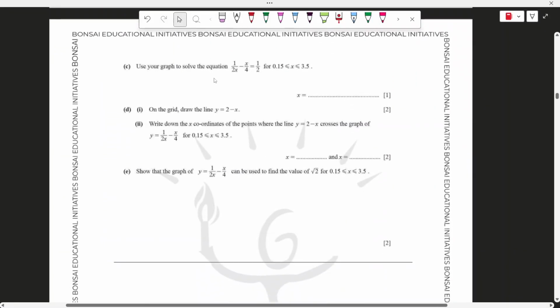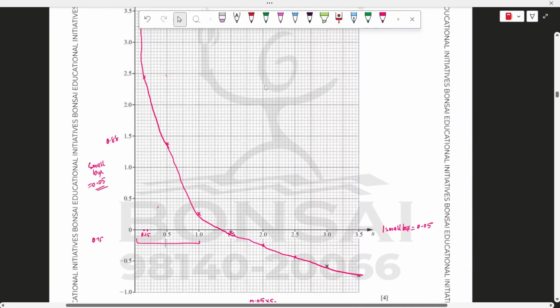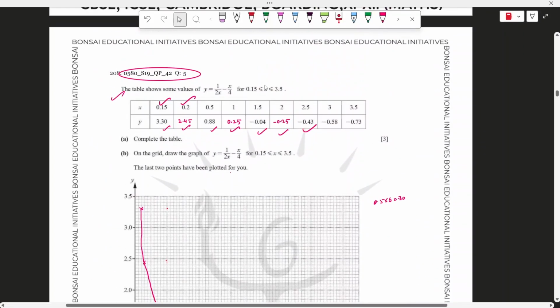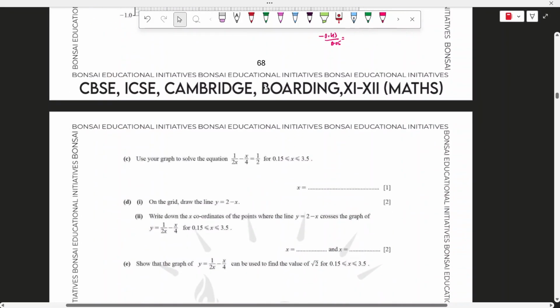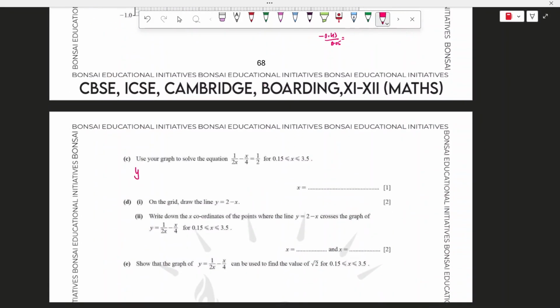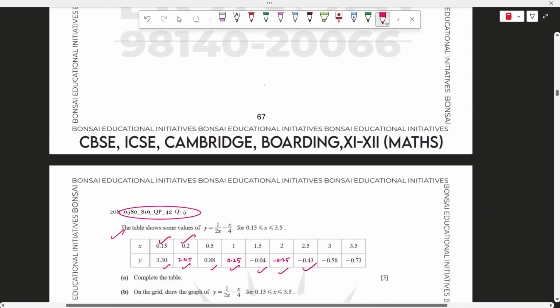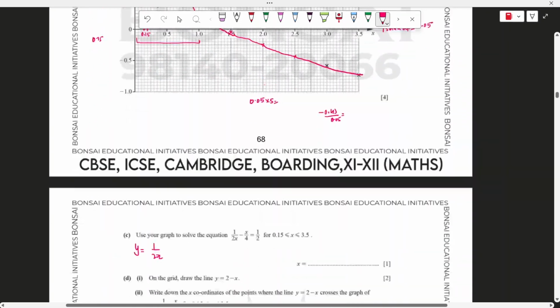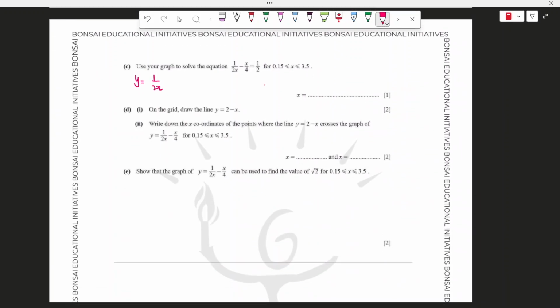Use your graph to solve the equation. So first of all, we need to copy the function 1 by 2x minus x by 4. The function is 1 by 2x minus x by 4. And let us see the equation here. The left hand side is exactly identical to the function, so we can set this part as y equal to half.